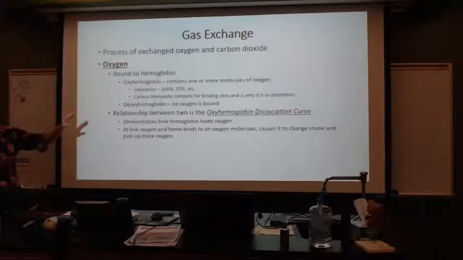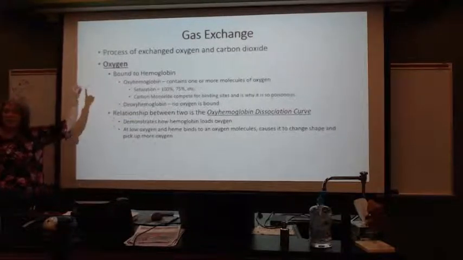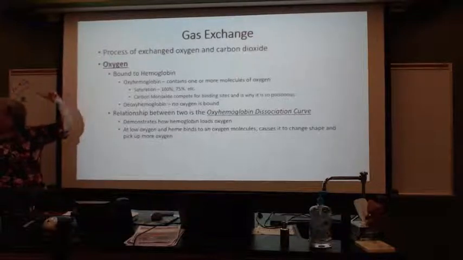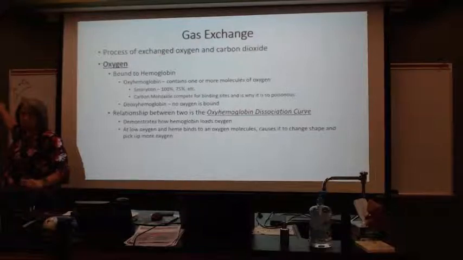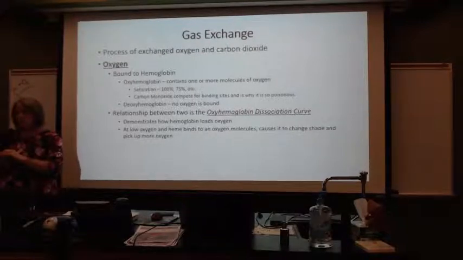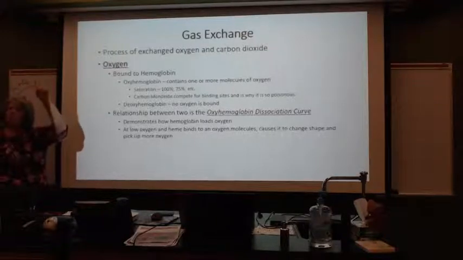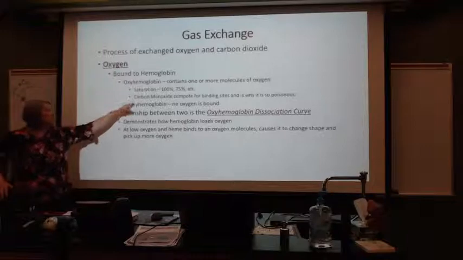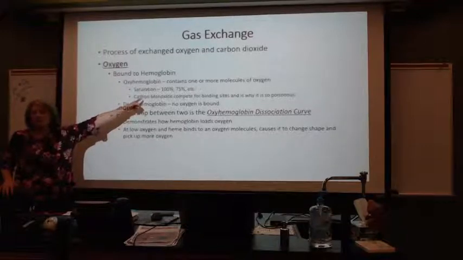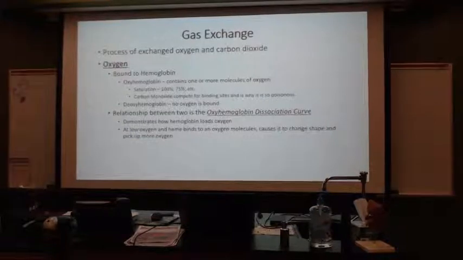Now, there's one gas that will compete for this binding site. On that heme group where the iron binds to it, the one gas that will compete for it is carbon monoxide. How do we get exposed to that?